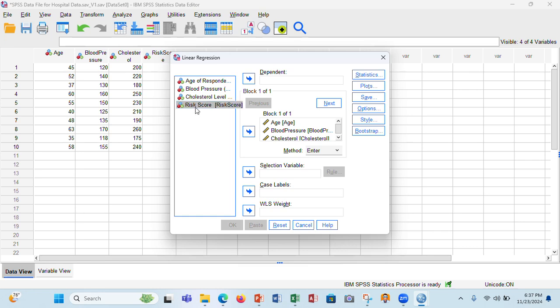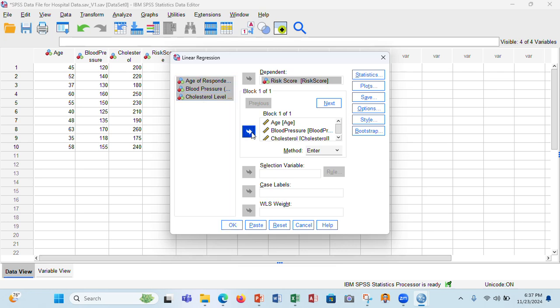Because all other variables depend on risk scores, risk scores becomes our dependent variable, and the other three become our independent variables.